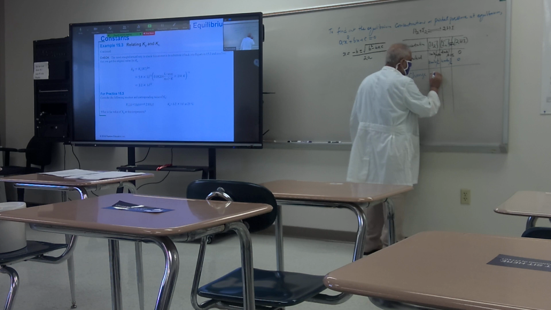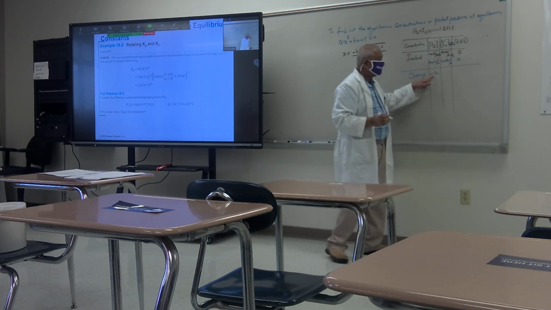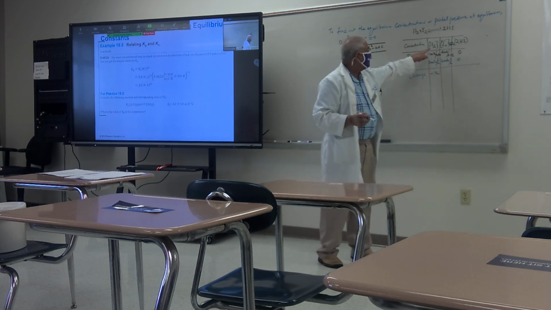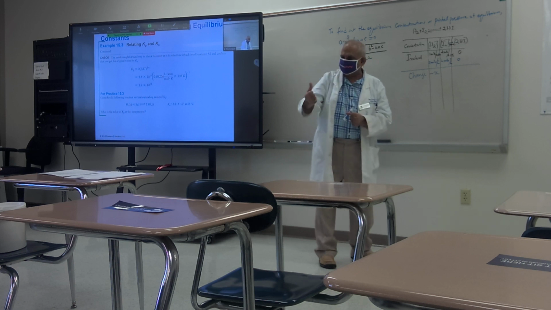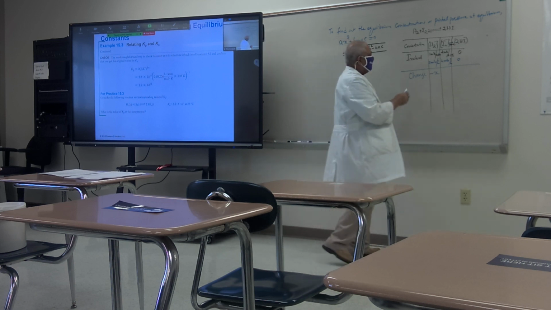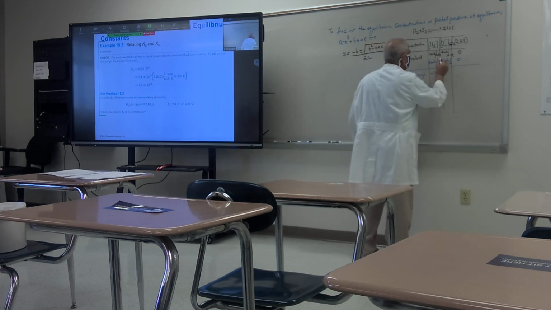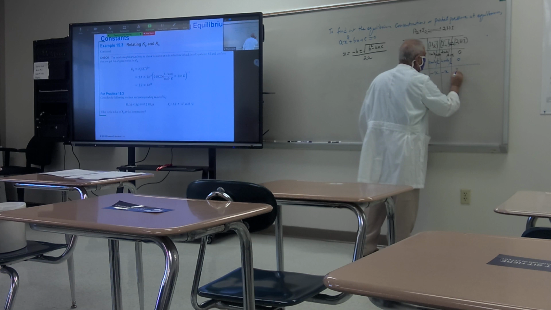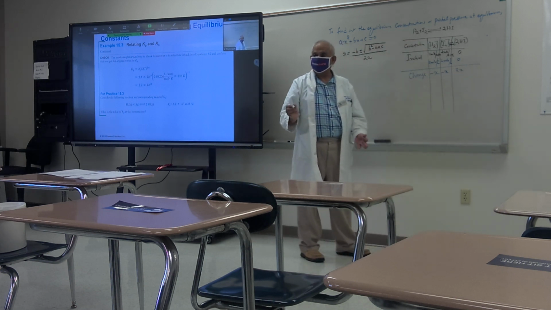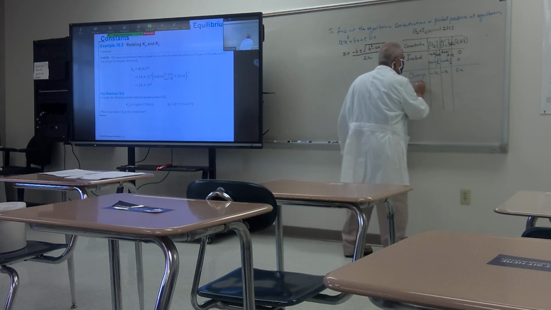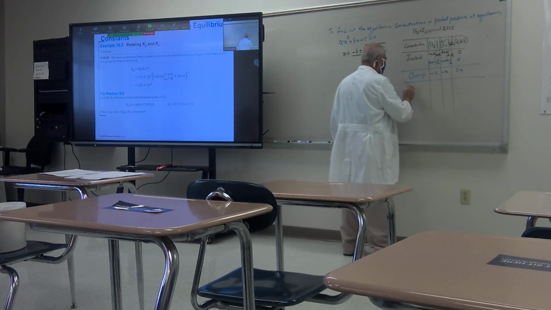I am going to put this as x. What is the meaning of this minus? Because it is a reactant, when it reacts it decreases, correct? The reactant decreases, the product increases. So 1 mole of this is minus 1x, iodine also minus 1x, and 2 moles of this is going to be plus 2x. You understand my point? So now, what is the concentration at equilibrium?